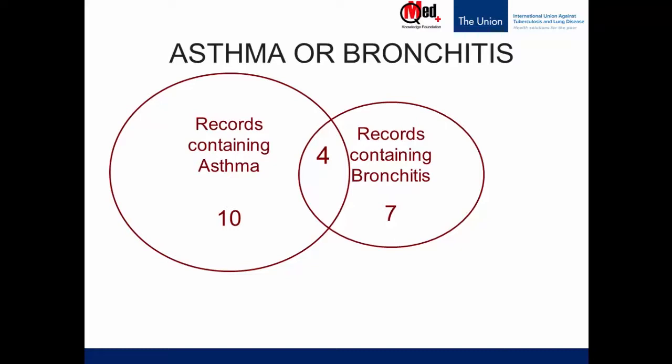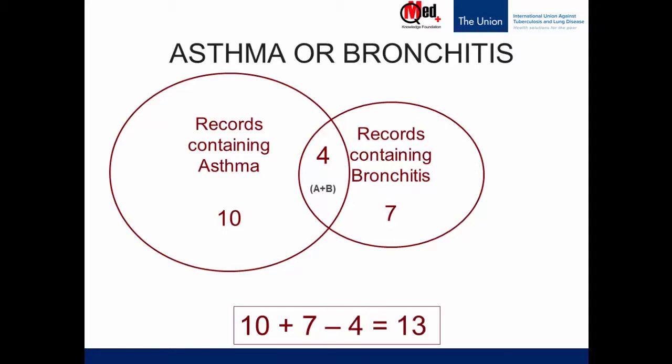So when we search asthma or bronchitis, our results will be like this. It's 10 plus 7 for sure, but the 4 records are really repetitive in both the sets. And we don't want duplicates in our results. So the final result we get will be 10 plus 7 minus 4 that contain both the terms because they'll be duplicates. The final result will be 13.